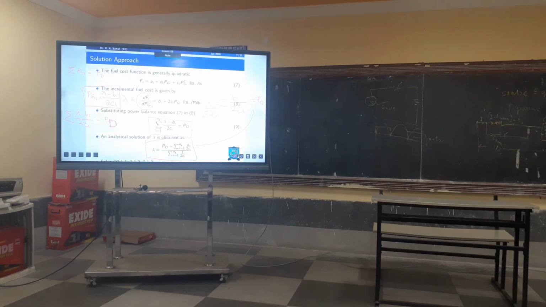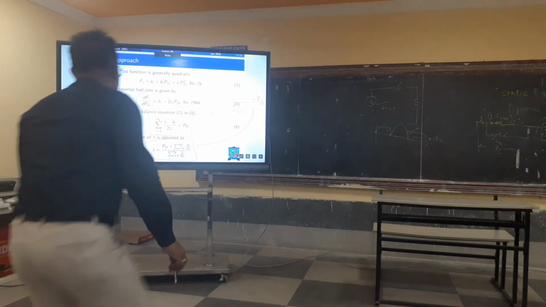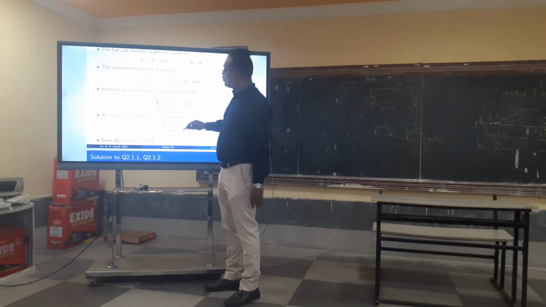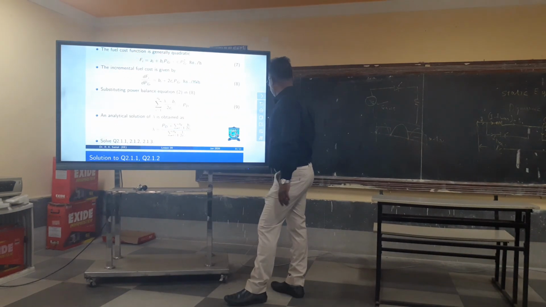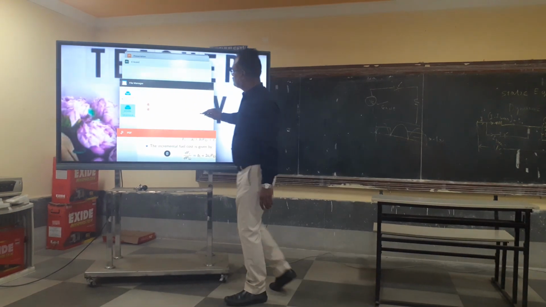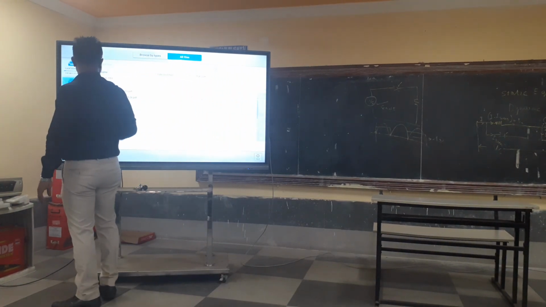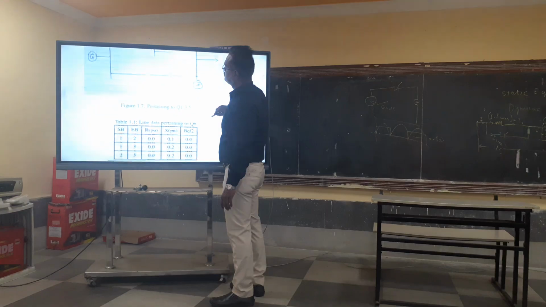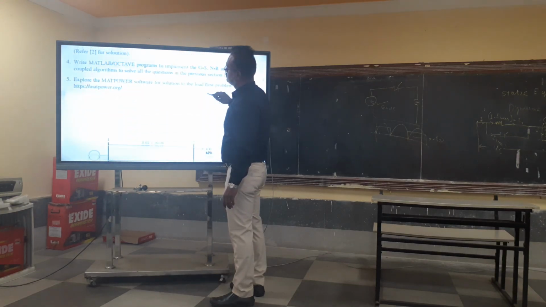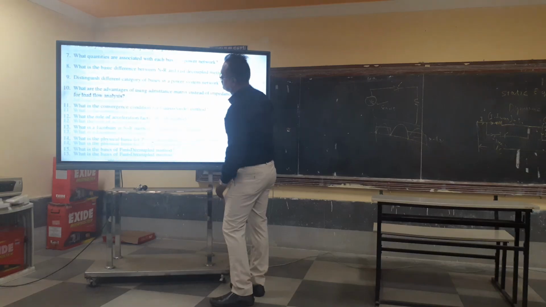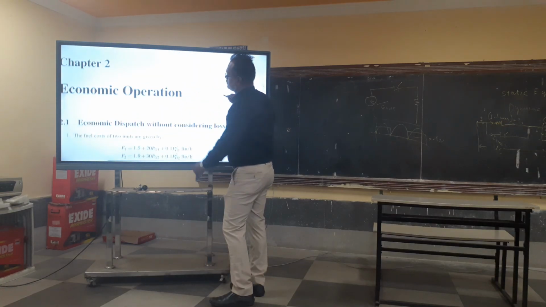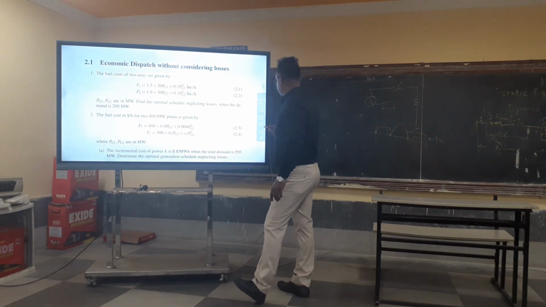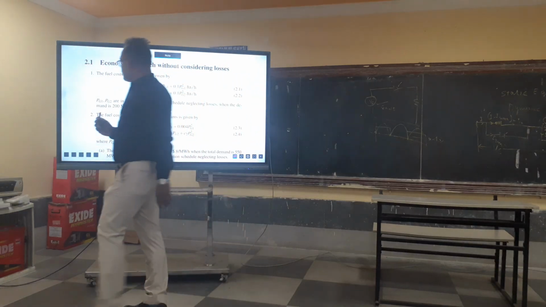All of you written? So now we will solve all the problems. Your job is to solve all these three problems, questions 2.1.1, 2 and 3. What was the equation in our case?